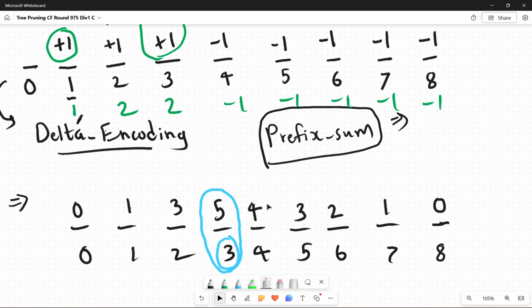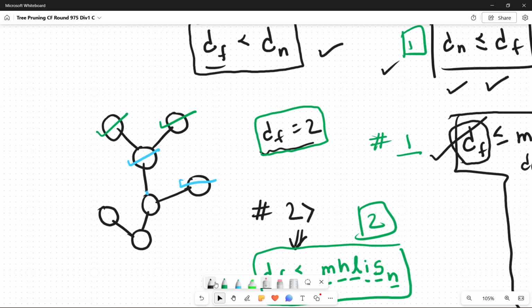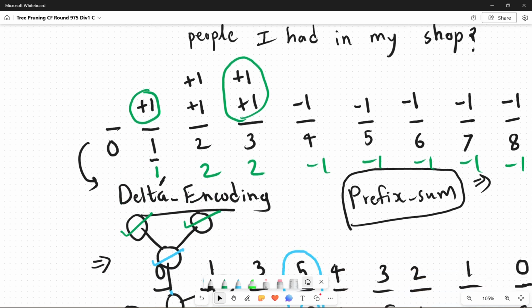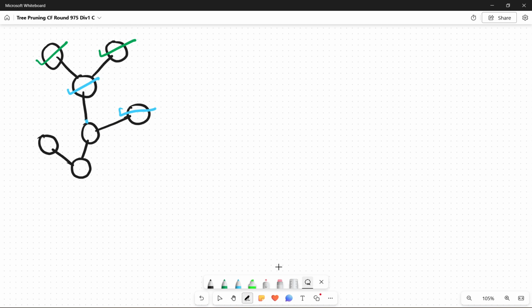Yep, makes sense. Okay, so let us take a look at this sample test case. Let us try to do the delta encoding based on this beautiful tree right here. Let me clean it up. So let's number the nodes: 1 2 3 4 5.